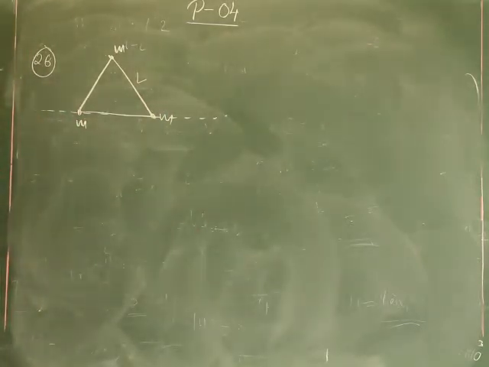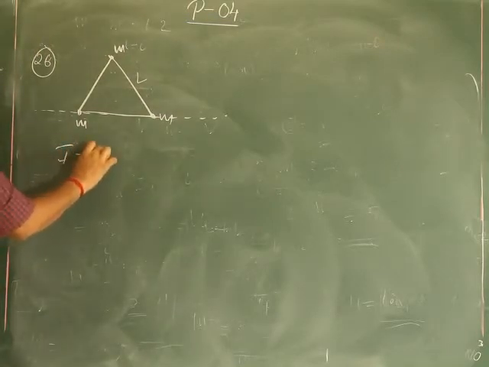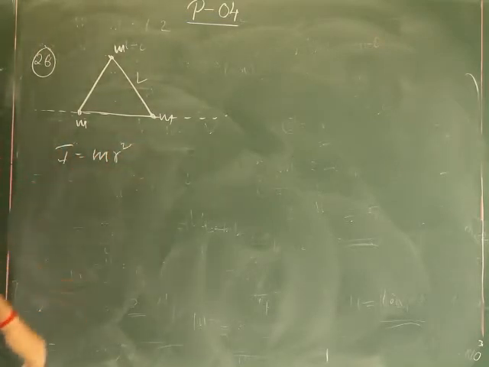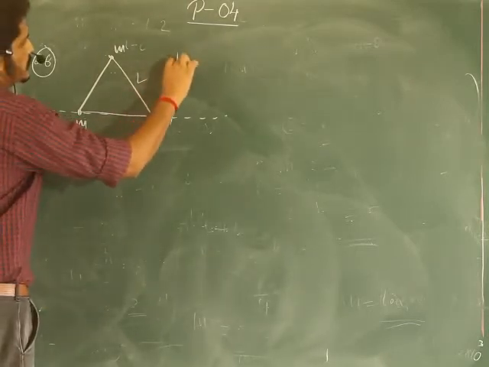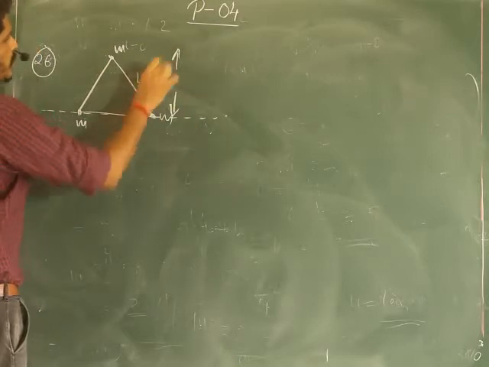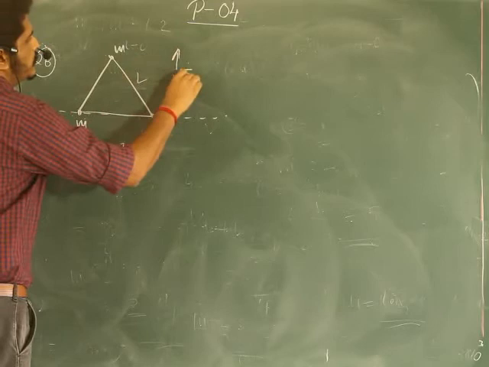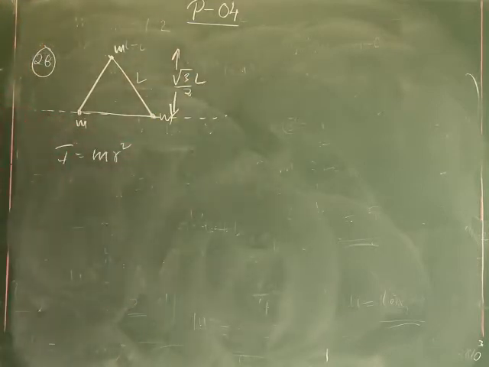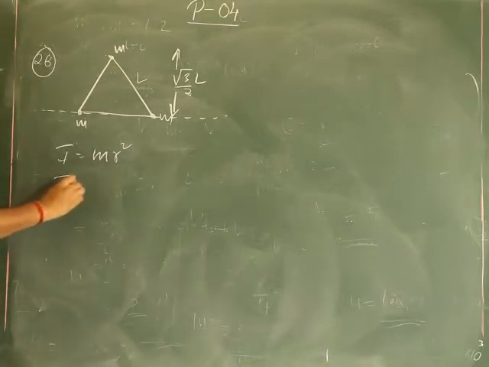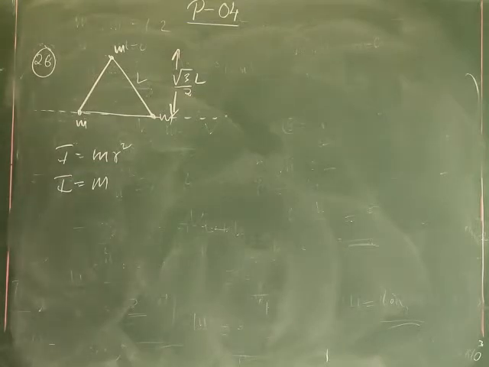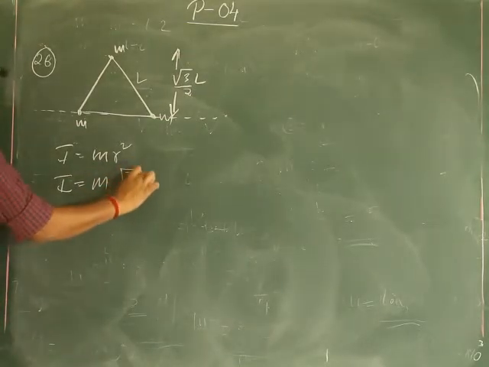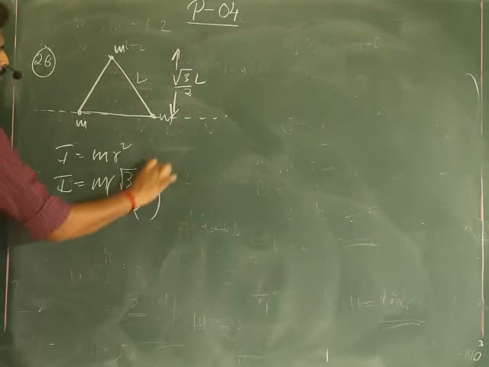But moment of inertia, you know, right? What is the formula for moment of inertia? I equals m into r square. R means the distance from the axis to the point. So how much is it from here to here? That means you have to find out the distance. Yes, this is root 3 by 2 into L, correct? So I is equal to m into root 3 L divided by 2, whole square.